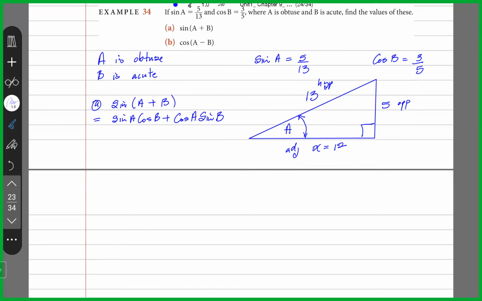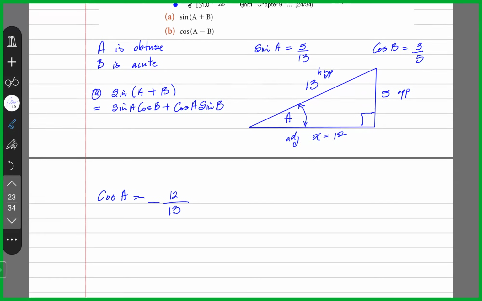So from this, I can see that the cosine of A is adjacent 12 over hypotenuse, which is 13. But since A is obtuse, meaning that A is in the second quadrant where cosine is negative, the cosine of A would be minus 12 over 13.